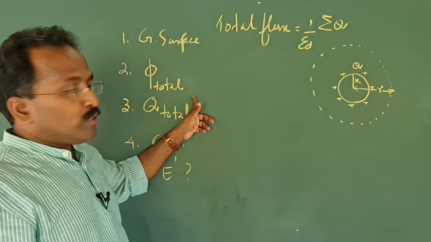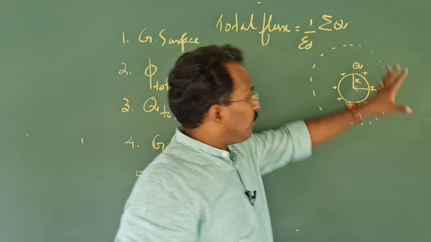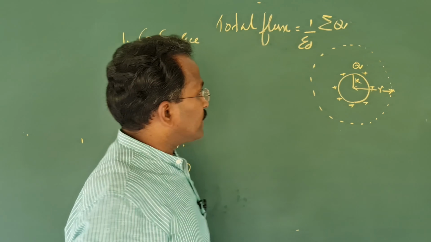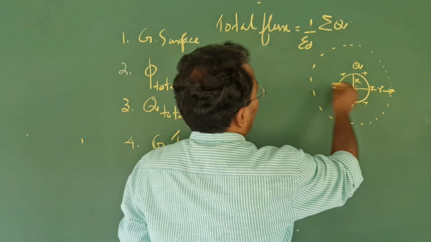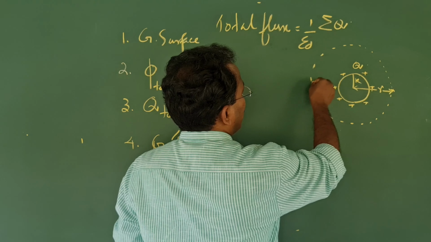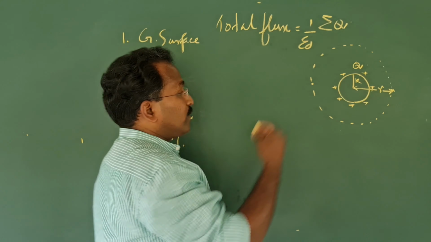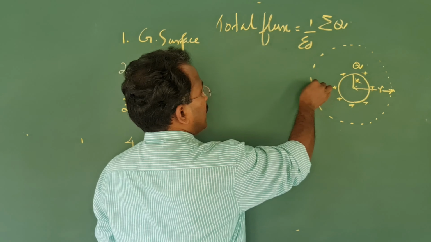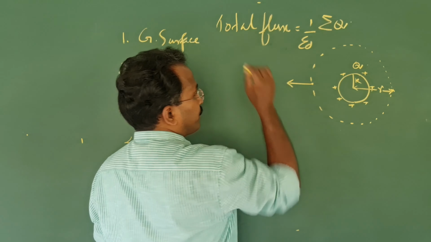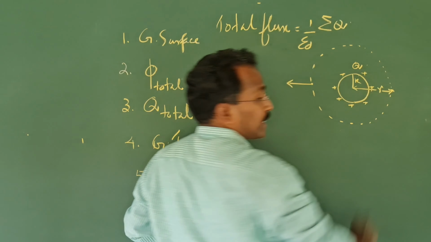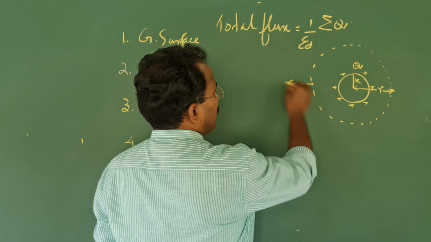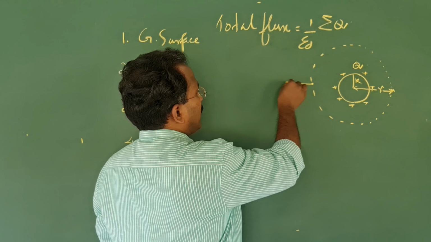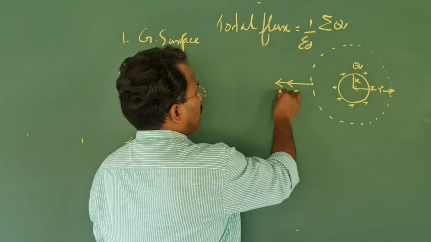Now to the second step, you have to find the total flux through this Gaussian surface. I take the point here to make it easy. The electric field will be in this direction. If it is here, it is in that direction. So this is the direction of the electric field, and the direction of the area vector is also like this.